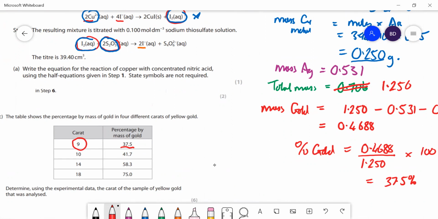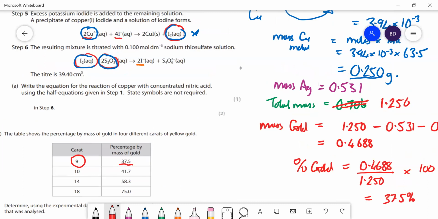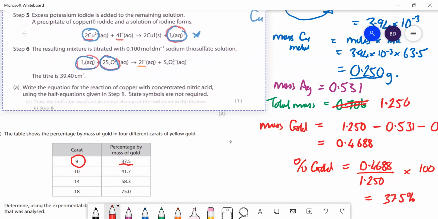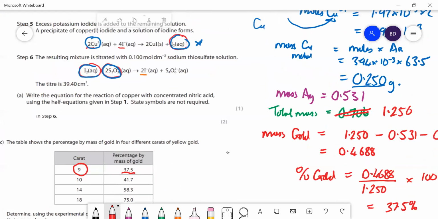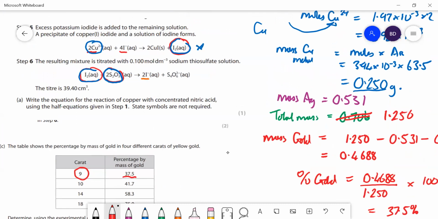The other questions they asked there, I've answered them already. Oh, there's one of them I haven't. Let's just have a look here. Right, I haven't answered that question. Write the equations for the reaction of copper with nitric acid using the half equations given in step 1.